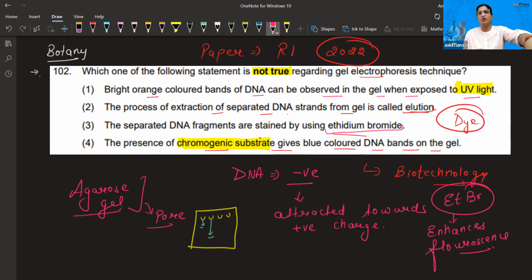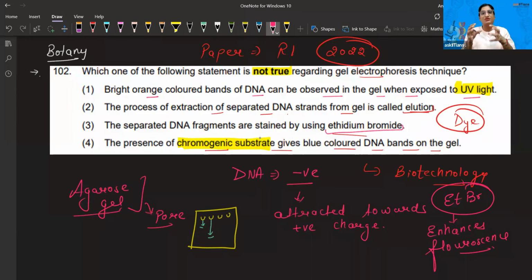Talking about the fourth point, why did I mention chromogenic substrate? A chromogenic substrate is a colored substance, but it interferes. Imagine we want to study proteins or enzymes, the rate of reaction of the enzyme. Then we use this dye, because the color of the dye changes as soon as the enzyme is reacting, and in the experiment we observe how much color change has happened.